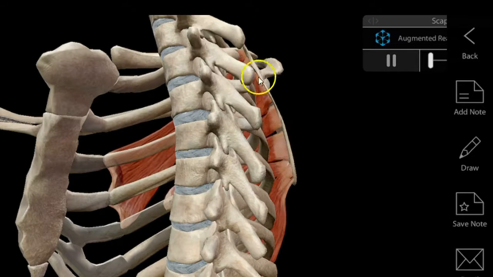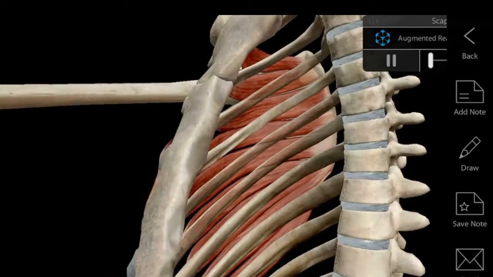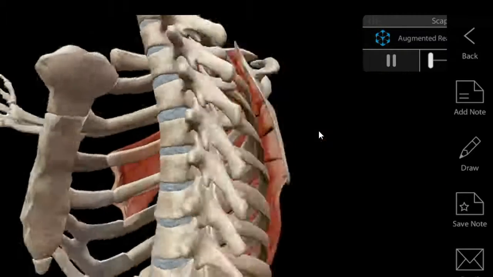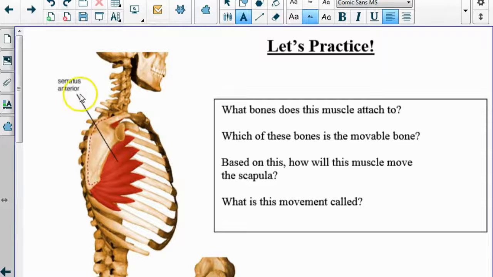It's attaching to the anterior side of the medial border of the scapula. So as I continue to rotate, you see how that stretches right along the ribs and attaches to the inside edge, the anterior portion of the medial border. So when you see that dotted line in your notes, that's what that means.